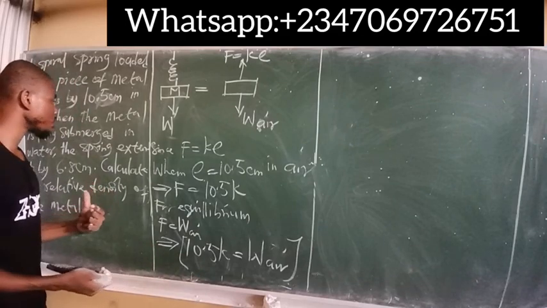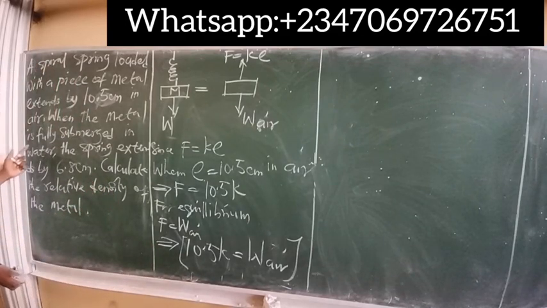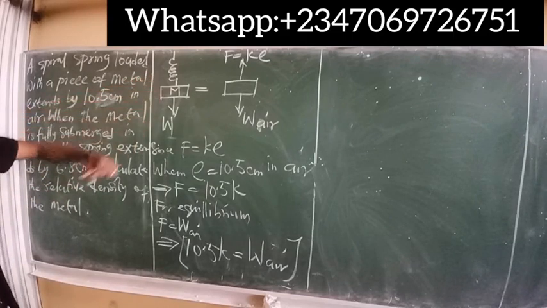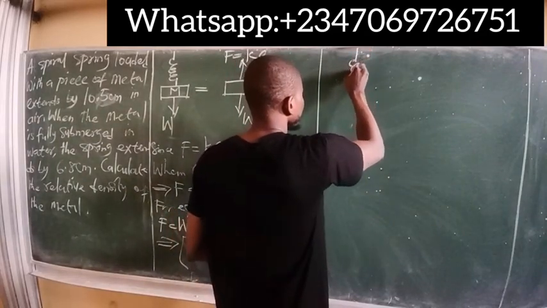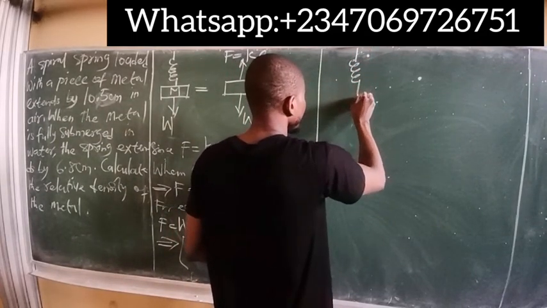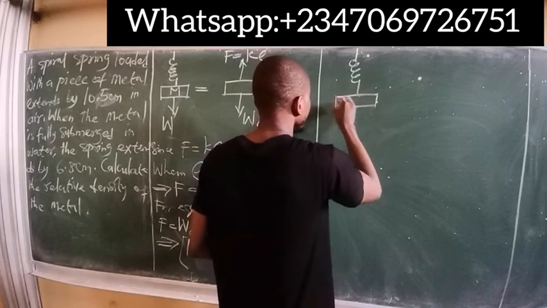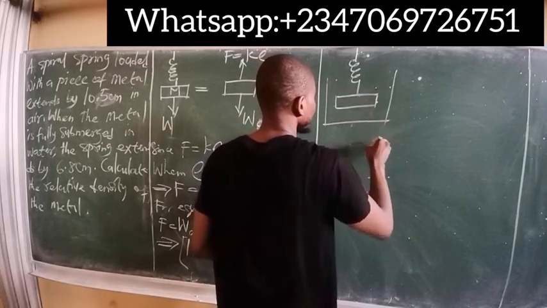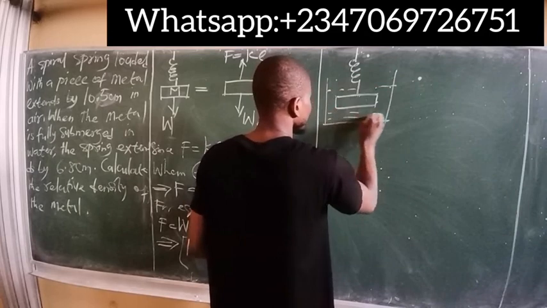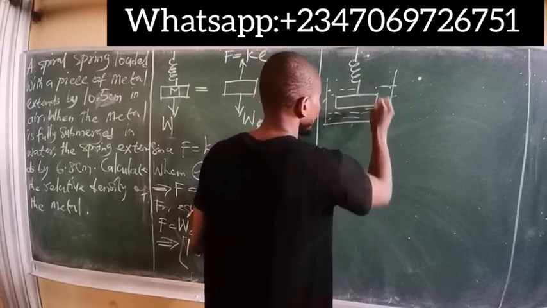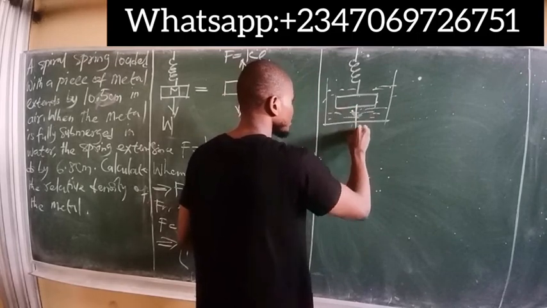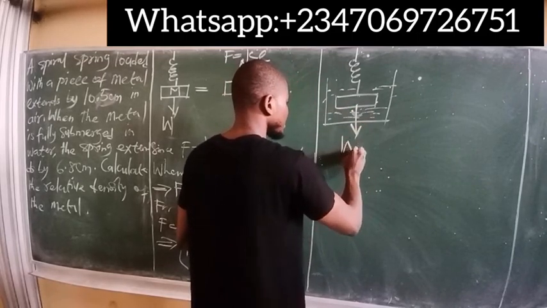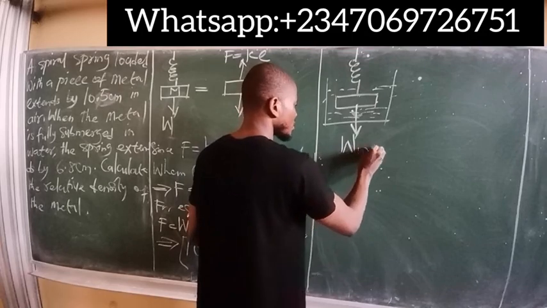Now, the second condition says that if the metal is fully submerged in water, we can have a different condition for it. Same thing, you have your spring, and you have this metal, but in this case, this metal is actually submerged in water. Let's simply call this water. The weight of the metal will act vertically downward, but this is now weight in water.